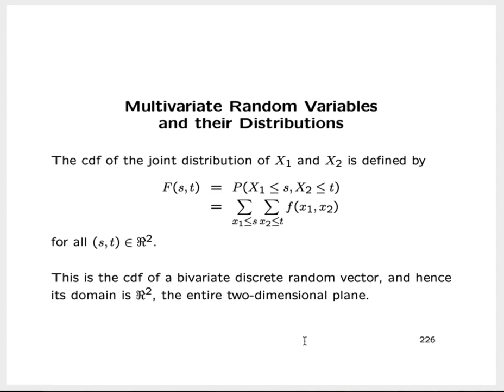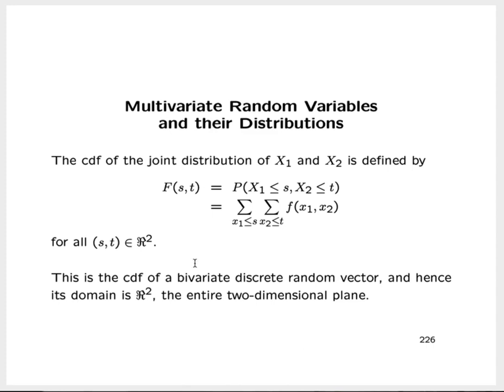We can think of the CDF as a probability accumulator, but whereas for a univariate random variable the CDF is accumulating probability from a given point on the number line all the way back to minus infinity, which is a one-dimensional set, for a bivariate random variable, the CDF is accumulating probability from a given point in the plane to the left and down of that point, graphically, to minus infinity in both those directions.